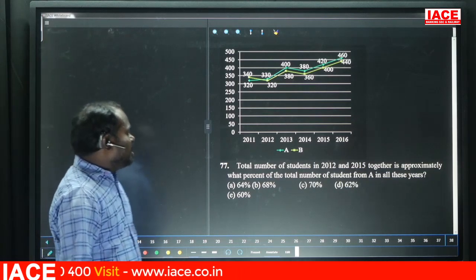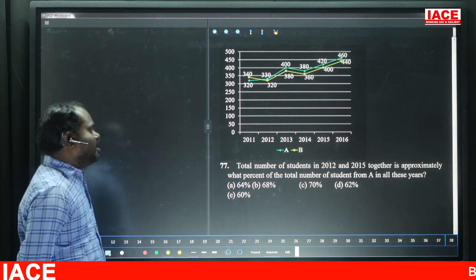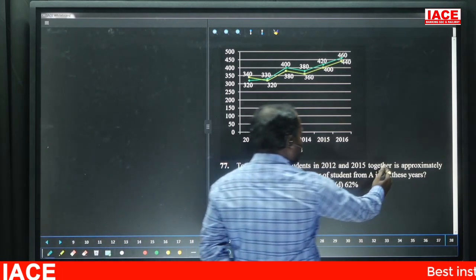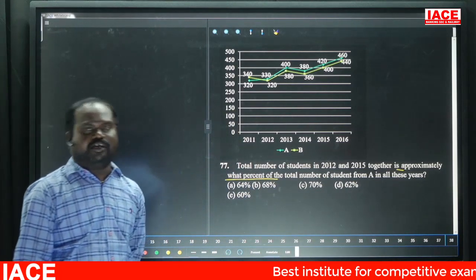77. Total number of students in 2012 and 15 together is approximately what percent of total students from A in all these years? It is term by term into 100.